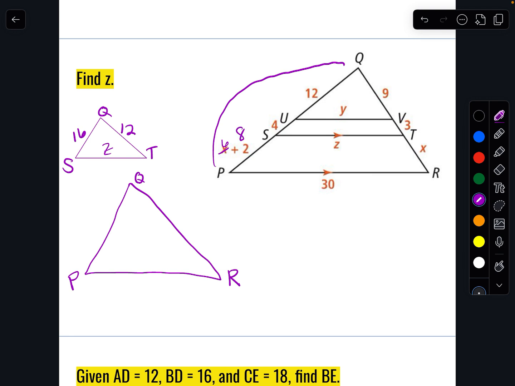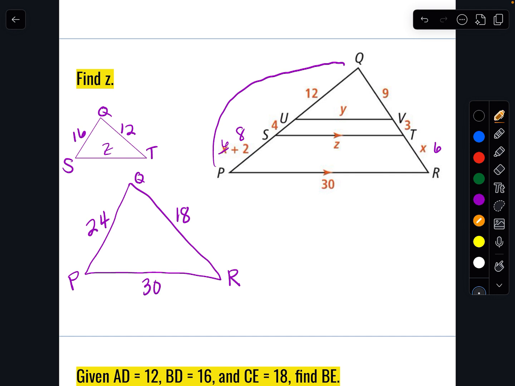So that whole side then is 24. And all the way from Q to R, again, we found that x is 6, so all the way from Q to R is 18. And I know that this is 30.